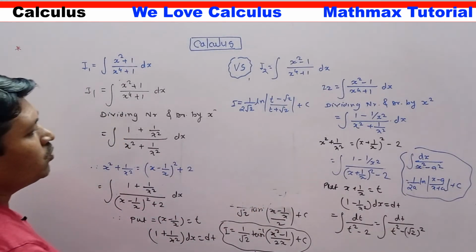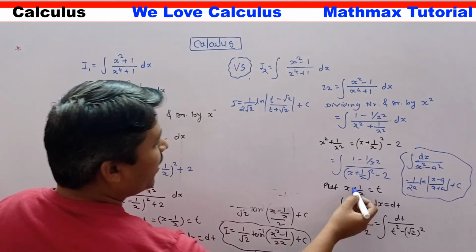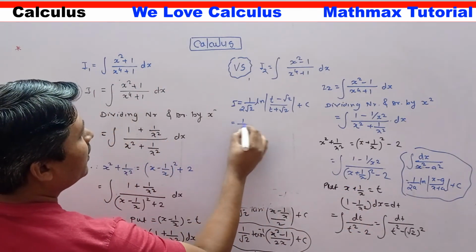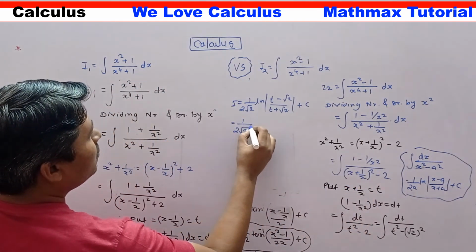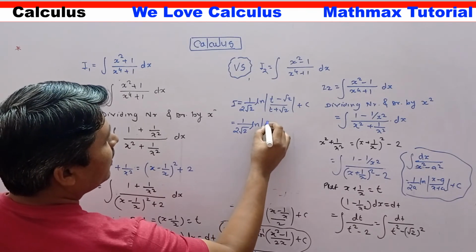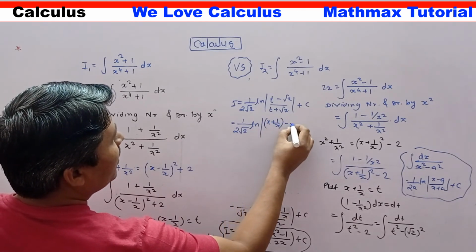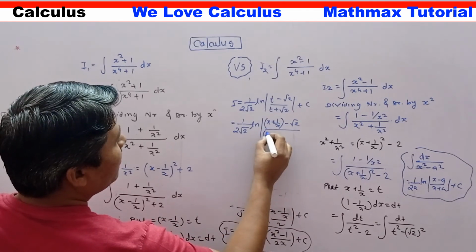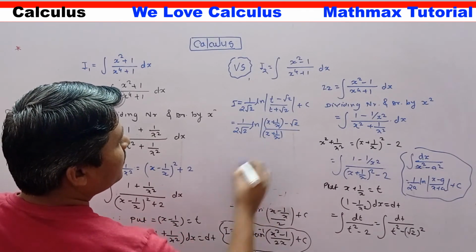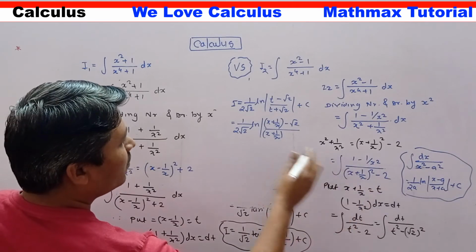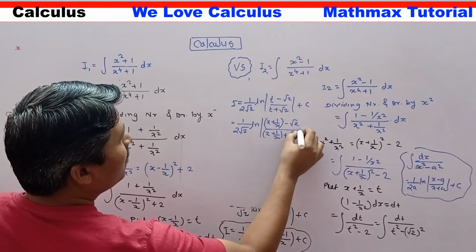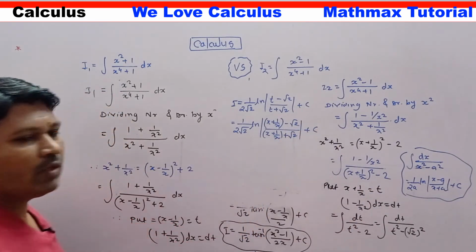Then back-substituting t equal to x plus 1 by x, the integral becomes 1 upon 2 root 2 ln of (x plus 1 by x minus root 2) divided by (x plus 1 by x plus root 2), plus c, the constant of integration.